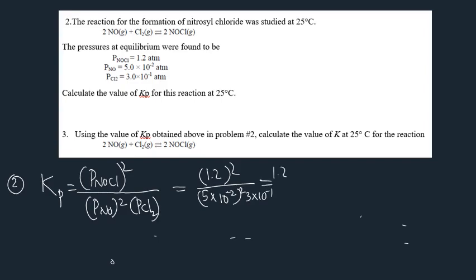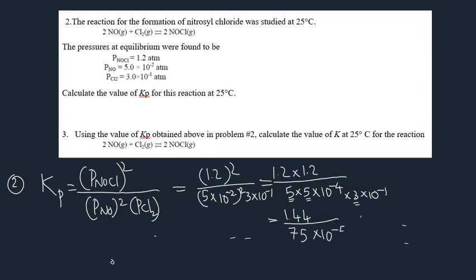So 1.2 times 1.2 in the numerator, divided by, in the denominator, 5 times 5, 10 to the power 2 times 2 is 4, so negative 4, times 3 times 10 to the power negative 1. Solving the numerator, it will be 1.44, divided by, in the denominator, 5 times 5 times 3 which is 75, and then 10 to the power negative 5.